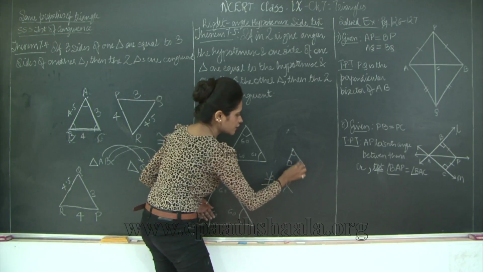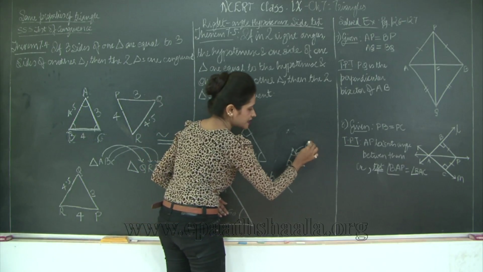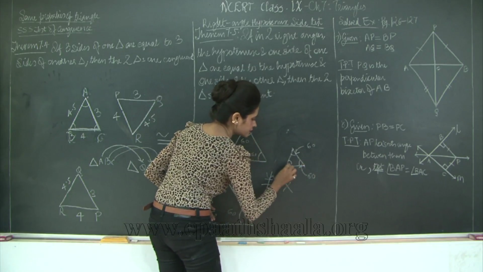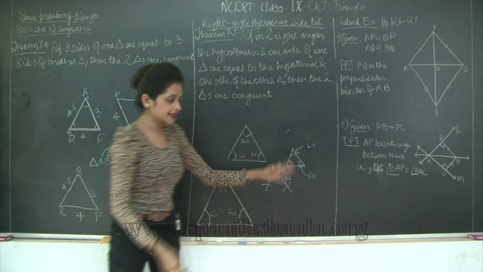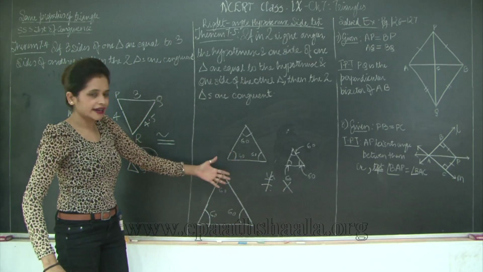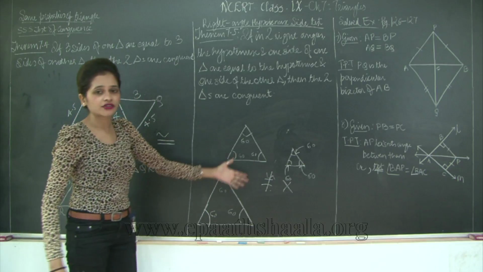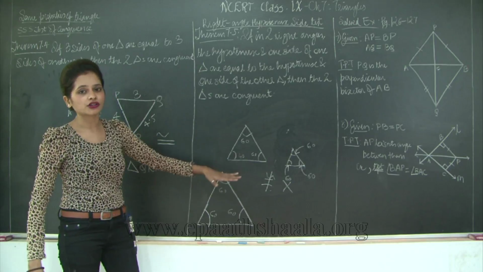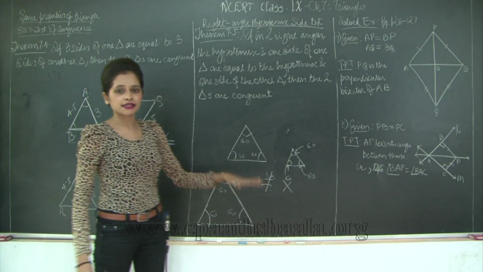Similarly, each of these angles is 60, 60 and 60. So in these cases where the angles of two triangles are equal to each other, you can't really say whether the two triangles are congruent or not, because they may or may not superimpose each other. In most cases they won't.